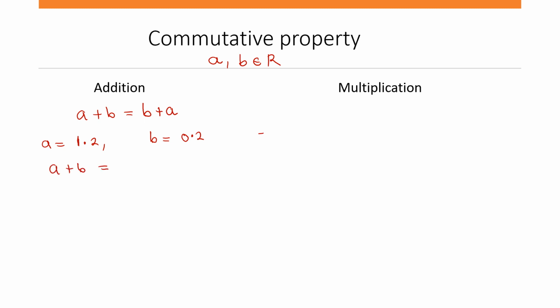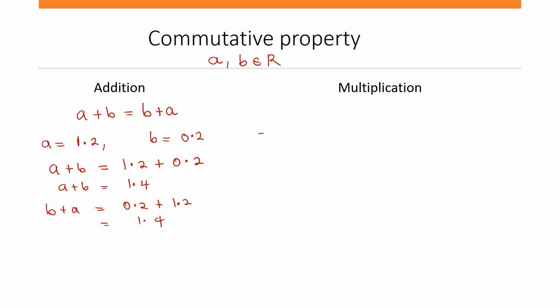A plus B is 1.2 plus 0.2, which is 1.4. If you do it the other way, B plus A is 0.2 plus 1.2, which is still 1.4.